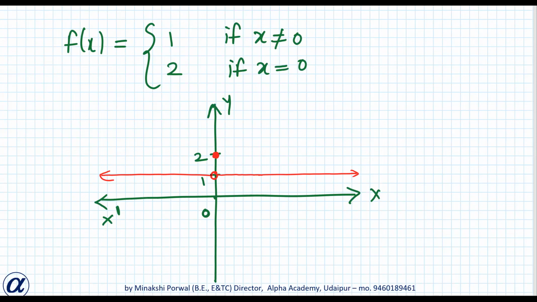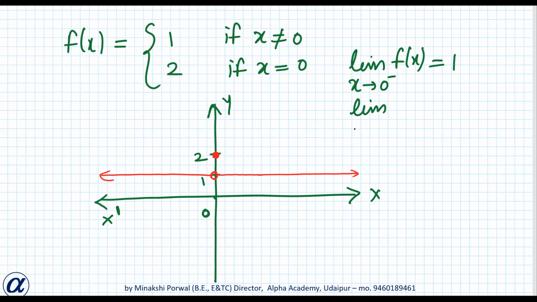Now, if we find limit x tends to 0 minus f(x), what will be its value? When we are approaching from the left hand side, we won't look at the value at 0, just before 0, what is its value? 1. So limit x tends to 0 minus f(x) is 1.